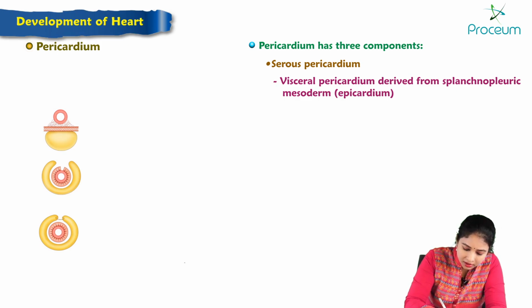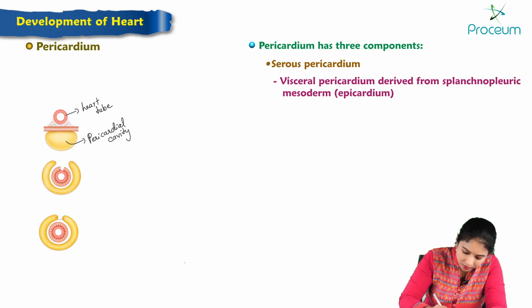So we can see the endothelial heart tube, and here is the pericardial cavity. We can see how it gets invaginated into the pericardial cavity, deriving an inner visceral layer and an outer parietal layer.